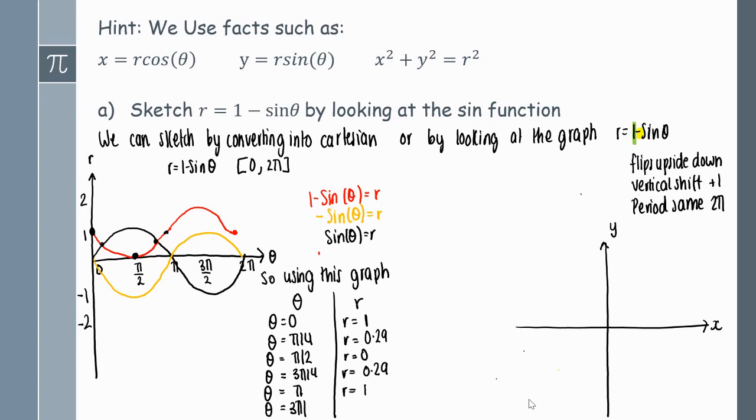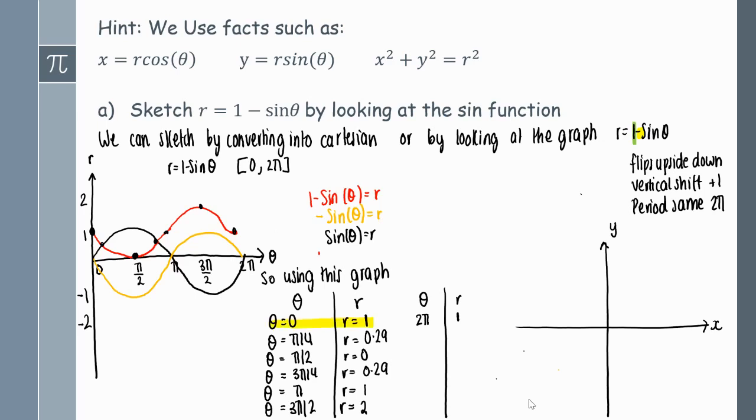I'm going to do 3 pi on 2 because I can see that r is 2 there. And I'm also going to do theta is 2 pi because I know the height of the graph there is also 1. Now what we do is we take this and we put it onto our plane.